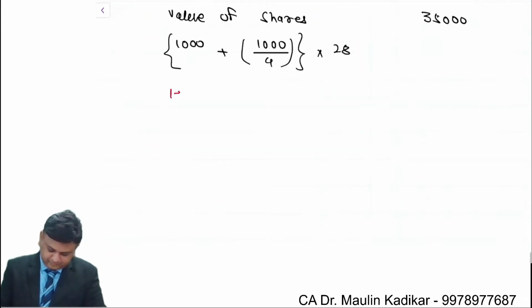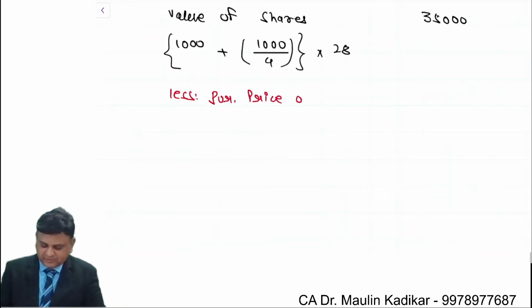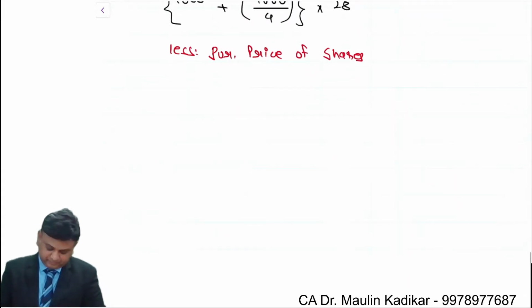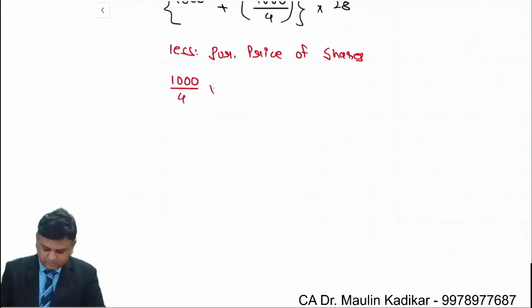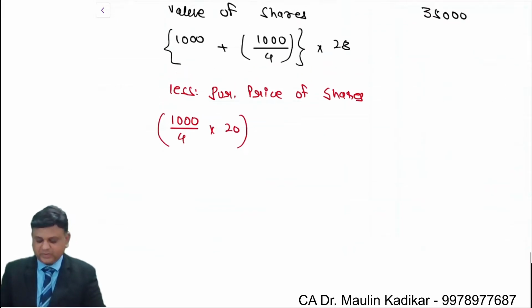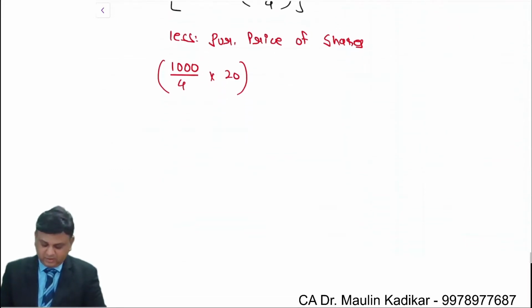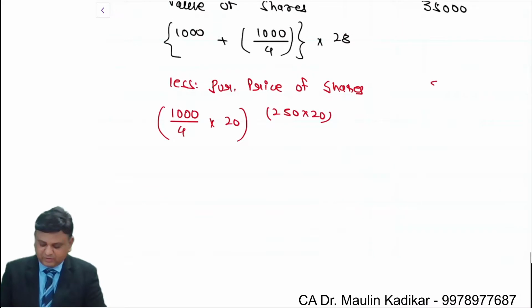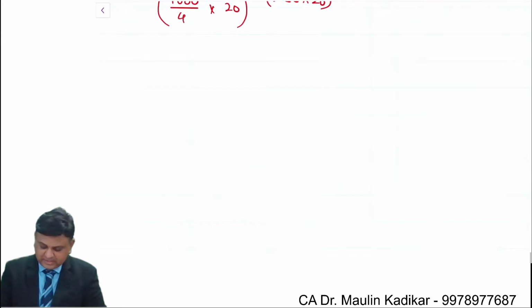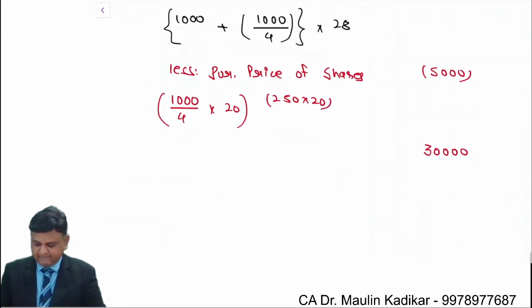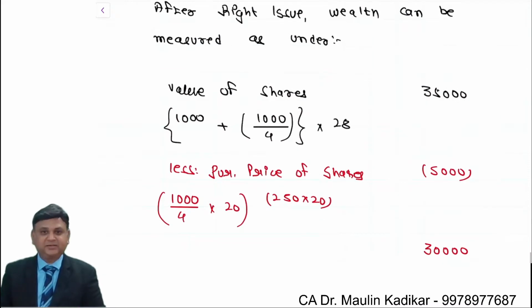Less purchase price of shares. In that, 1000 divided by 4 multiplied with 20, because 20 rupees is the price at which you are going to buy. So it is 250 shares into 20. That comes to an amount of 5,000. So 35,000 minus 5,000, that comes to 30,000. This is the way we are required to write the answer.